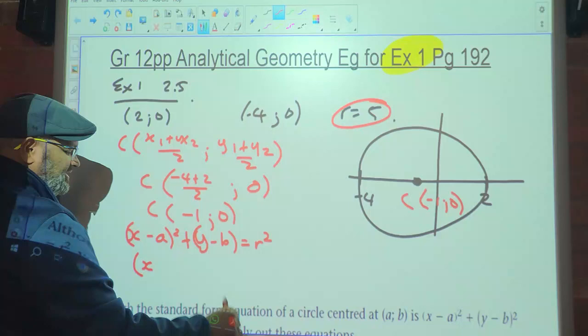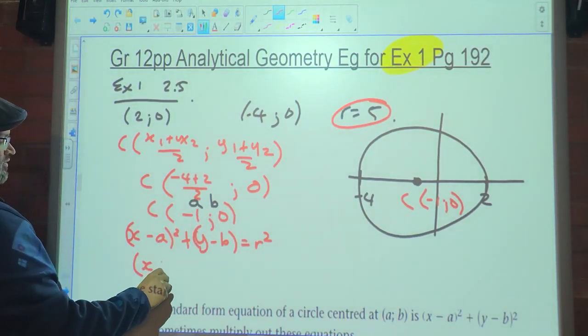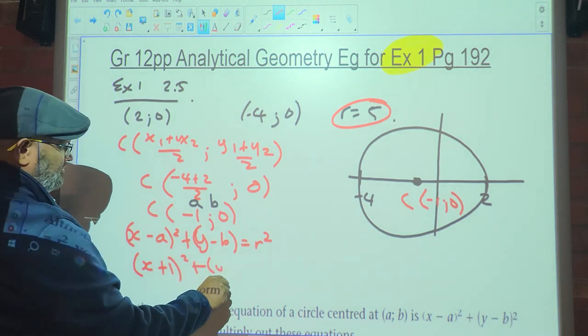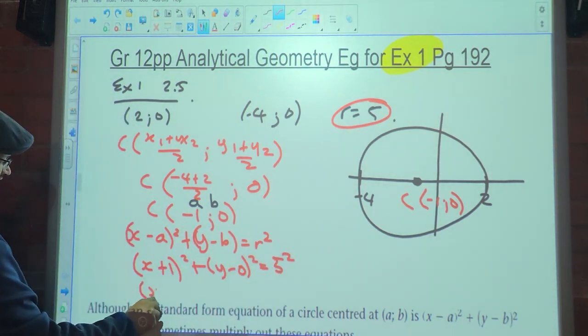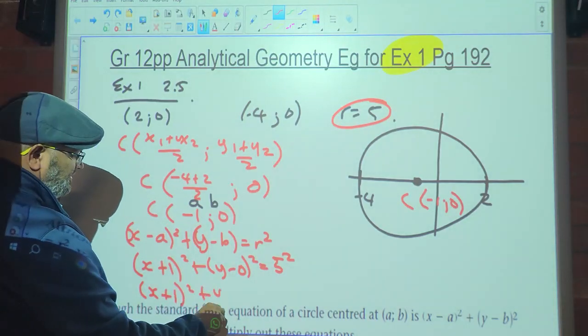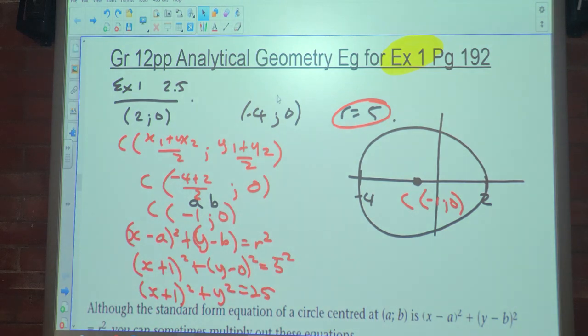Remember, this is the a and the b. X minus negative 1, which is x plus 1 squared, plus y minus 0 squared is equal to 5 squared. So the equation they're looking for is x plus 1 squared plus y squared is equal to 25. Okay? Understand? Alright, so I'll stop the video at this point and then start the next one.